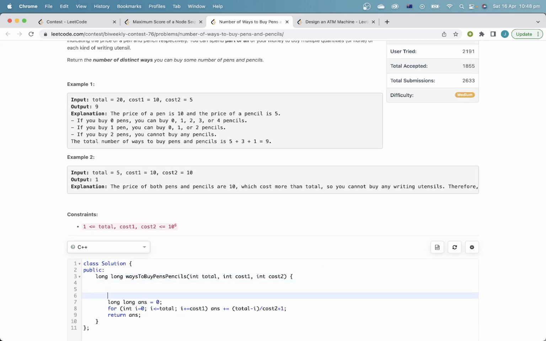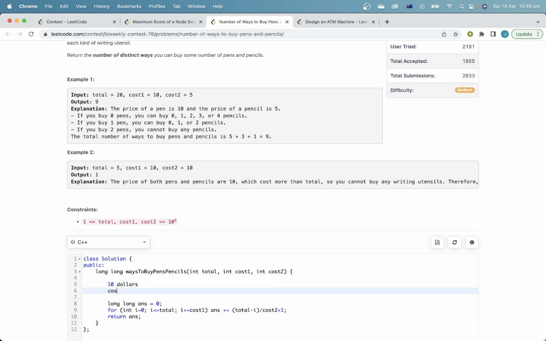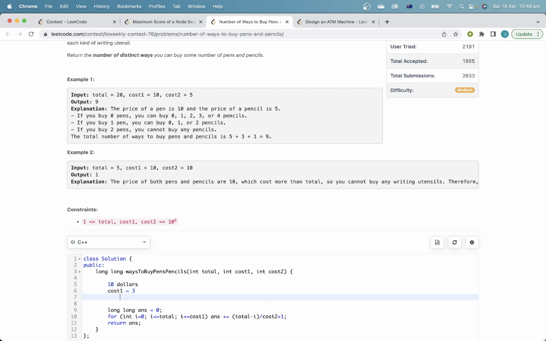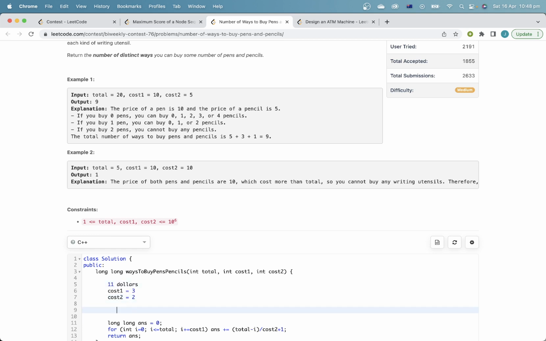I think it's easier to do this with an example. So let's say I have $10. Let's say cost 1 equals 3, cost 2 equals 2. Make that $11. And let's say I'm buying $6 spent on pens.